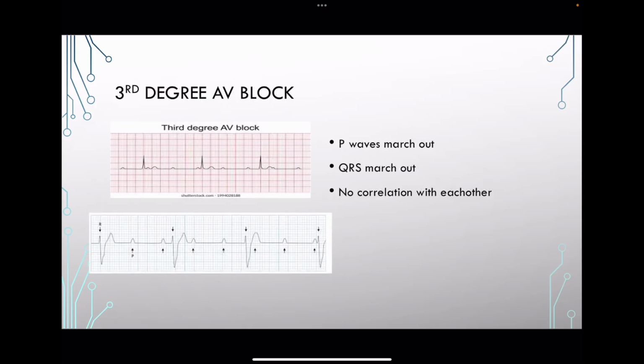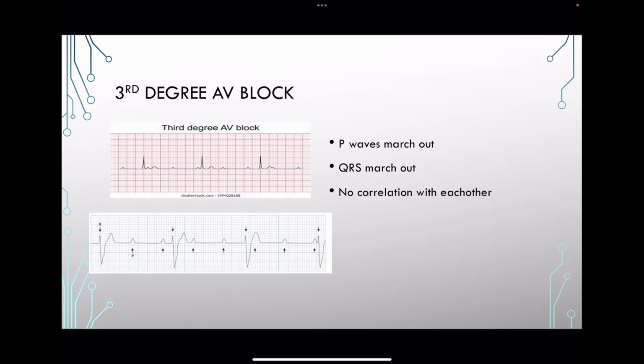In your third degree AV block, we're identifying that there are P waves there, but there's too many P waves per QRS. What's happening here is your SA node is firing on its own, and your QRS is firing on its own.